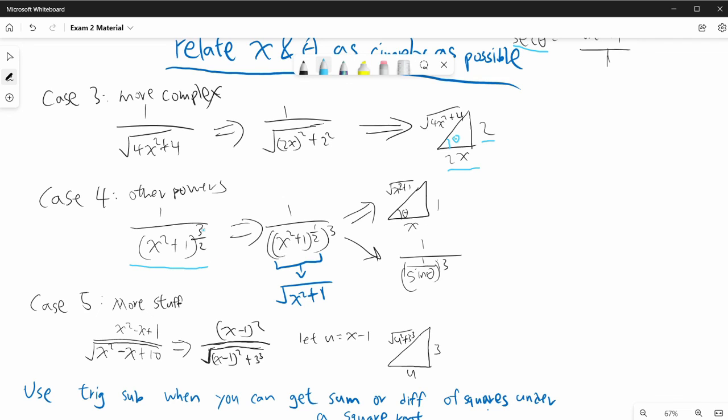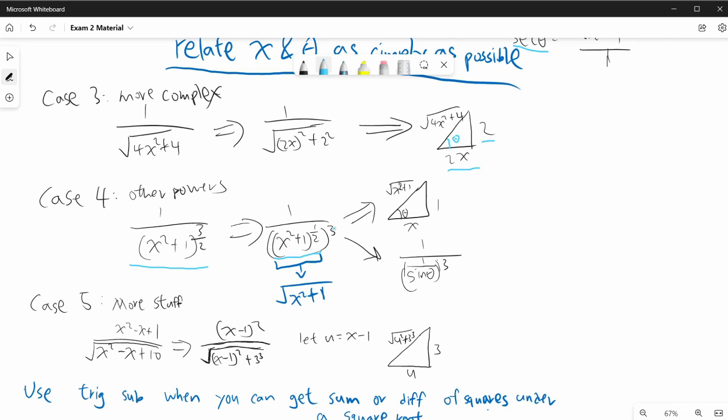It might be some other power, like 3 over 2. In this case, you can separate that out to be the square root. Right here, I have the square root of x squared plus 1, and that just becomes a square root, and that overall to the third power.